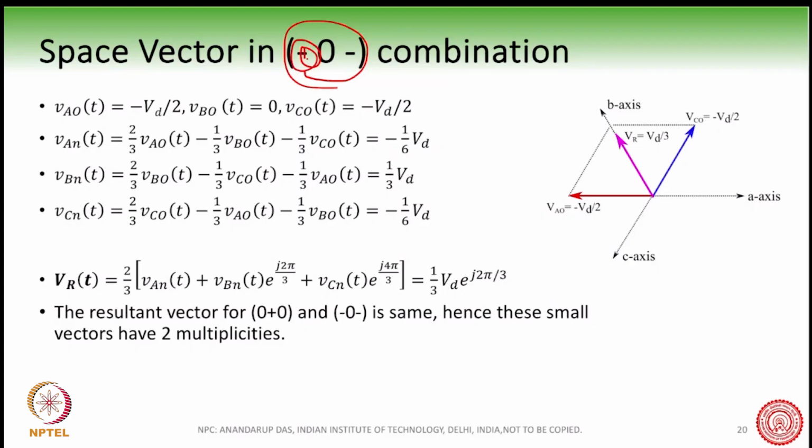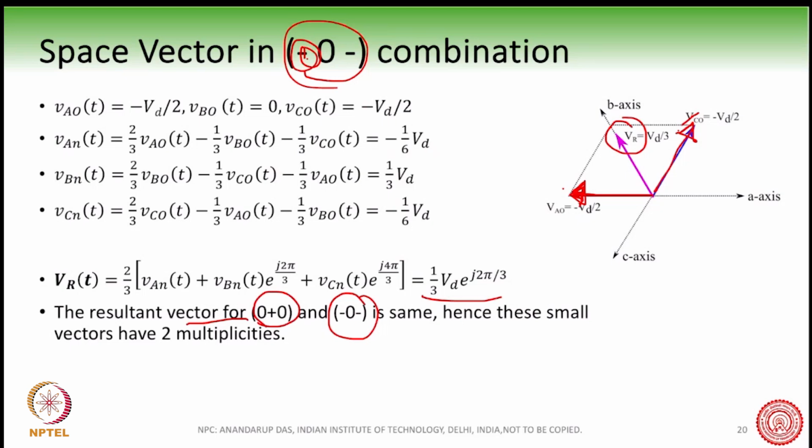On A phase you have minus, so A is something like this here, and B phase is 0, so we do not move anywhere in B phase. On the C phase you have the minus here. If you do the vector addition of these two, we come to this point here. So minus 0 minus also produces 1/3 Vd at an angle of 2 pi by 3. So the resultant vector for 0 plus 0 and minus 0 minus is the same.